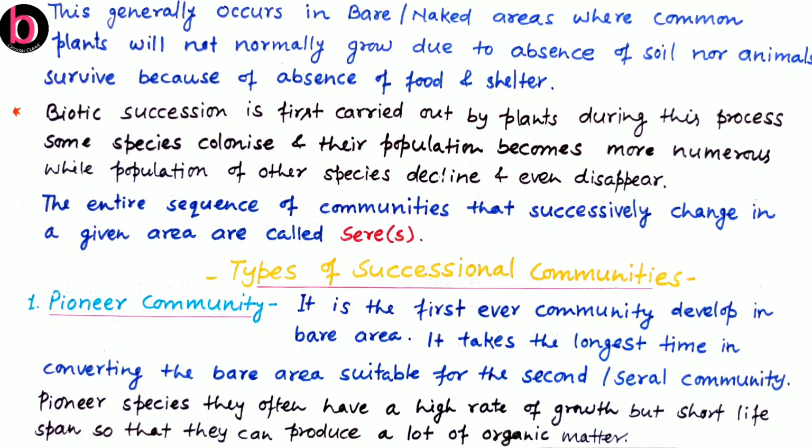Because the environmental condition of that particular region is not at all suitable for any kind of vegetation growth. That's why this takes huge time. Pioneer species often have a high rate of growth, but their lifespan is very short, so they can produce a lot of organic matter, and this organic matter enriches that barren area, making it suitable for the growth of new secondary or seral communities at that site.